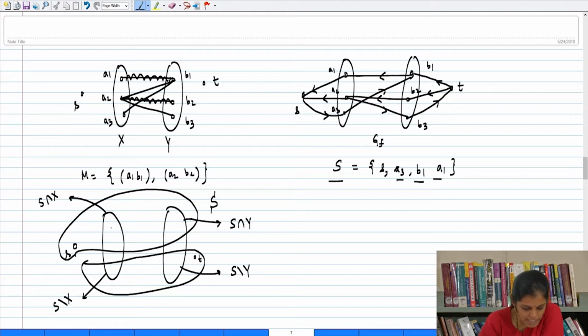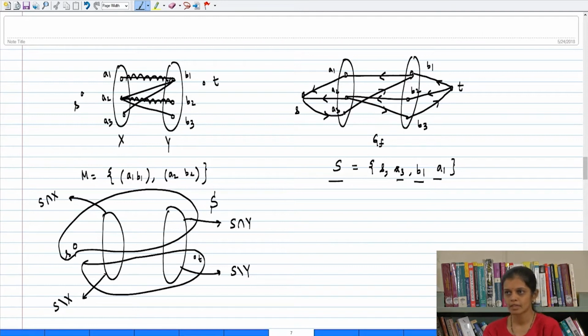Will they belong to S intersection X or to S minus X? So the question is, if a vertex is left unmatched by the maximum matching, which part will it belong to? Of course it is on the X side, so it must belong to either S intersection X or S minus X.